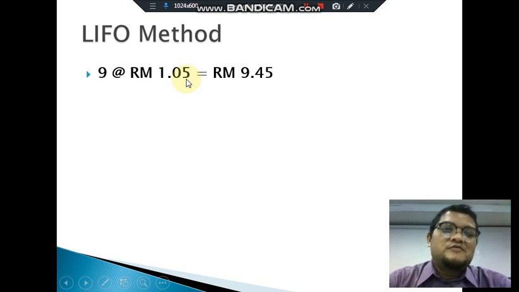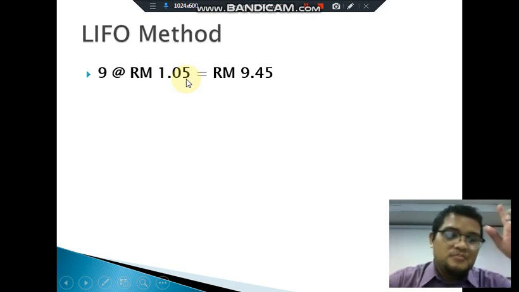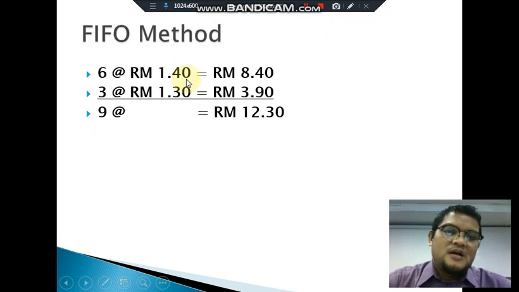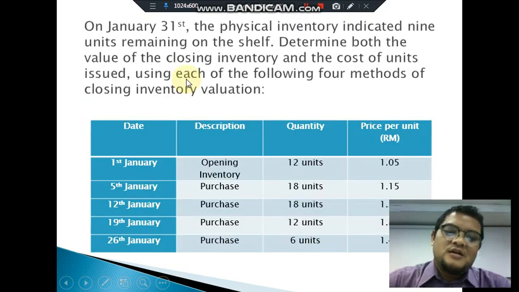As you can see from the table here, how do you see the price of the inventory, the price of the stock? Does the price keep increasing or decreasing? The price keeps increasing.